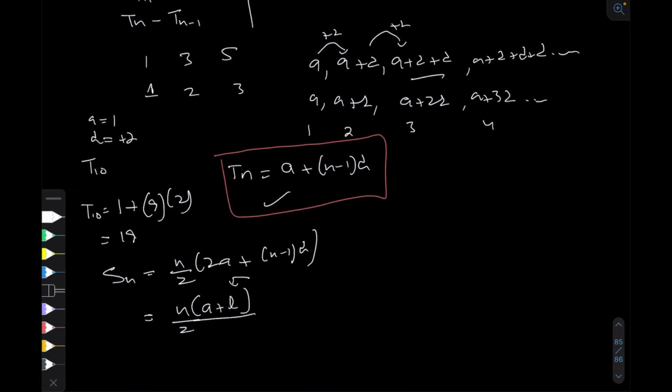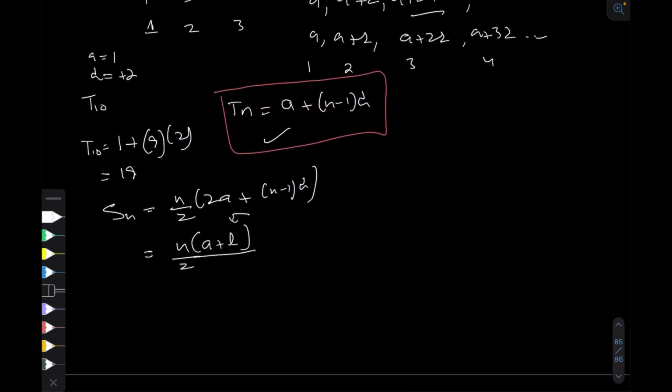So the sum of the first n numbers you can find by either this formula or this formula, where l is basically the last term. Actually, both are the same formula, just stated another way.